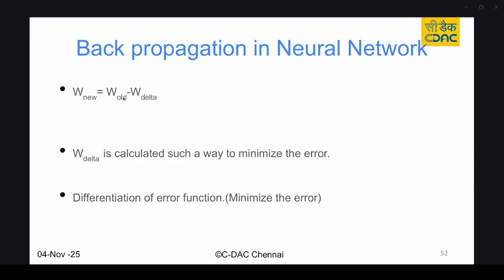Each time we will adjust the old weight W old with the value W delta. What should W delta be, by what factor should I reduce the old weight to get the new weight which gives less error? You might have studied in your mathematics classes minima and maxima, where you use differentiation, dx by dy, and calculate x with respect to y, to find out the minima.